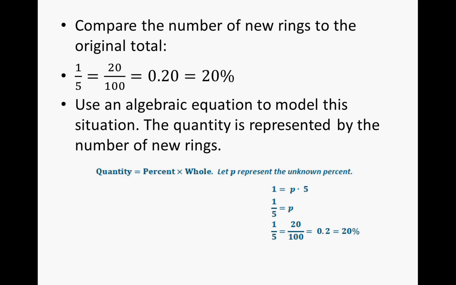We're going to let P represent the unknown percent. So 1 ring is equal to what percent of 5 rings? Well, to isolate P, if we're multiplying by 5, then we would end up dividing both sides by 5, so P is equal to 1/5. Well, 1/5 converted to a decimal is 20 over 100, or 20 hundredths, or 2/10, or 20%.